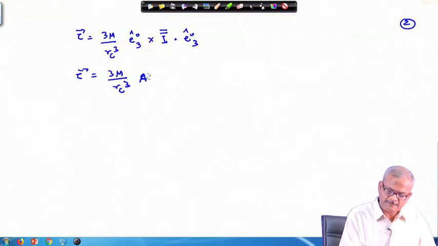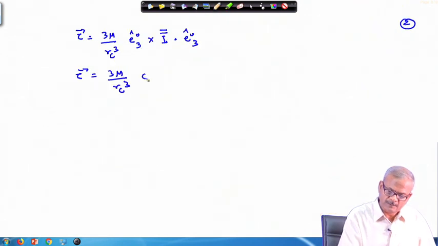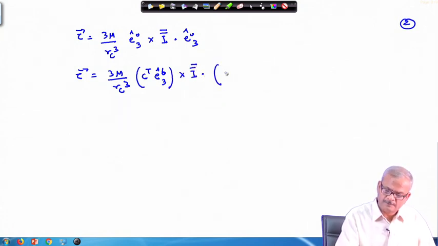We write this in terms of the C matrix, so this will be C transpose times E B 3 cross E cap, sorry, this 3 is not there.